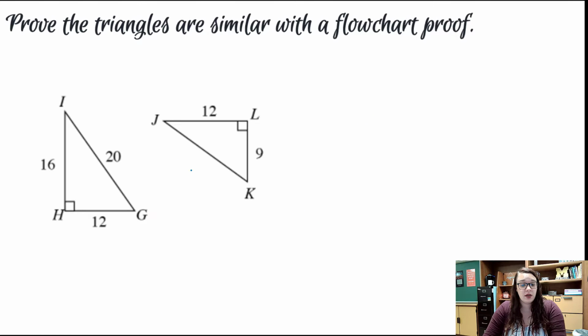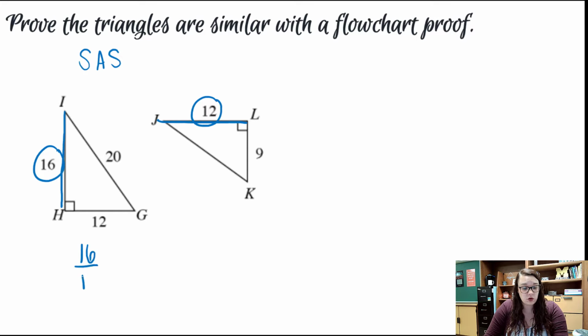Let's do another. On this one, I notice I have a right angle marked in each, as well as some sides. So because I only have that one angle, that's leading me to think that I'm going to write a statement about side, angle, side. And let's see if that'll work. I've got this side that's 16. That matches with the long side here, the long leg 12, so 16 over 12, which has to equal, seeing how they are similar, the other proportion, 12 over 9.